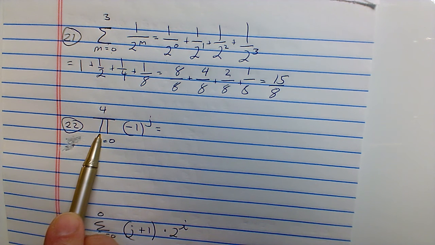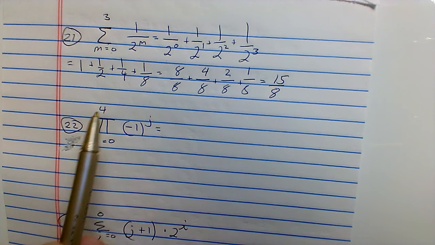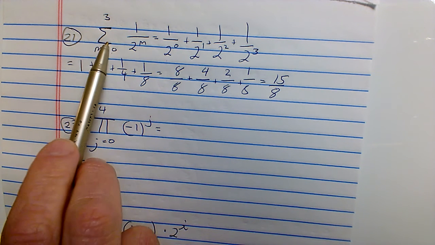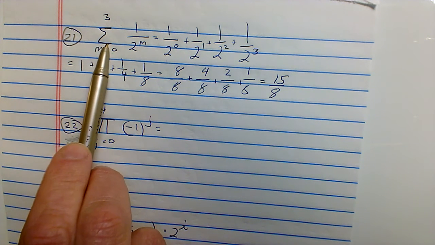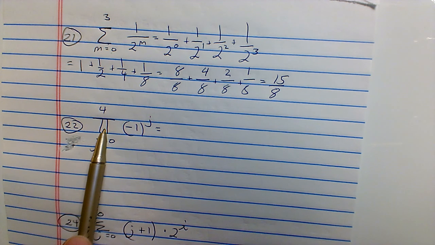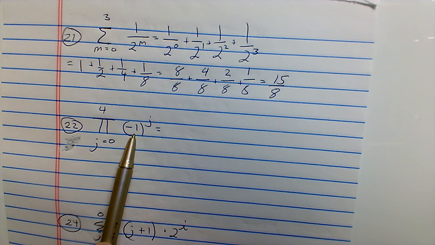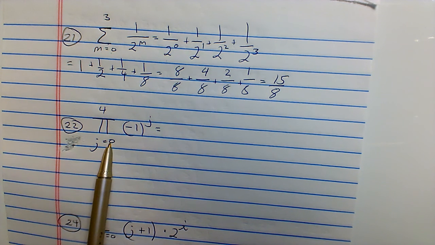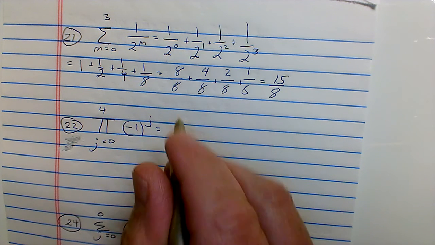This problem is a little different. Instead of having a summation symbol with the Greek letter sigma, we have a capital pi. That's the letter P, standing for product. So these are not terms, but they are factors that are being multiplied together. And since they go from 0 to 4, there are 5 of these factors.